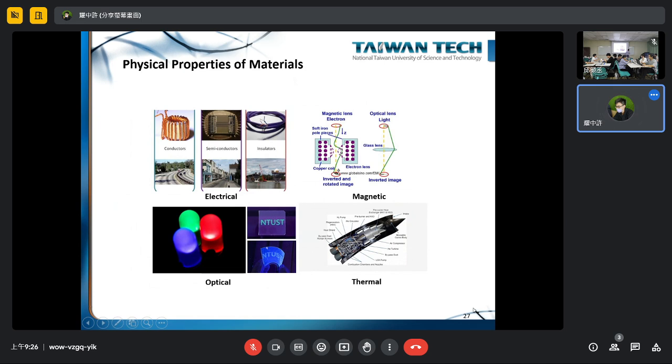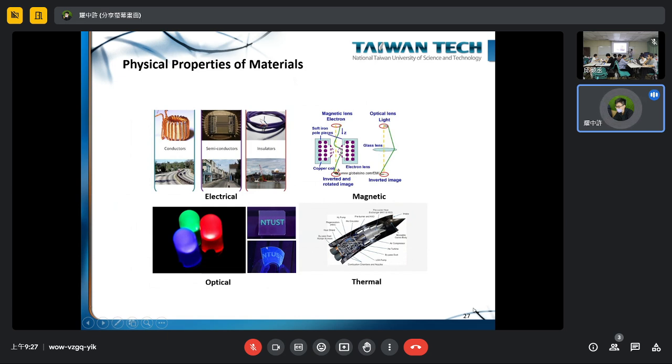And also the optical behavior. Why is some light blue, some light red? Because different materials provide different band gaps, and the band gap is actually, you can think of it as one electron having different orbitals. But if you have a crystal with a periodic arrangement, the certain energy level becomes a certain region, or you can say a certain band.